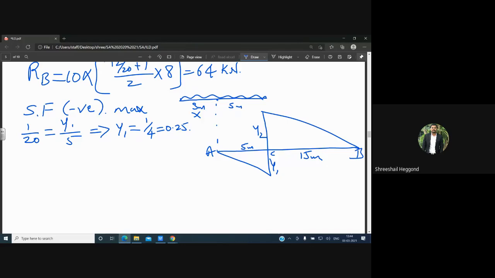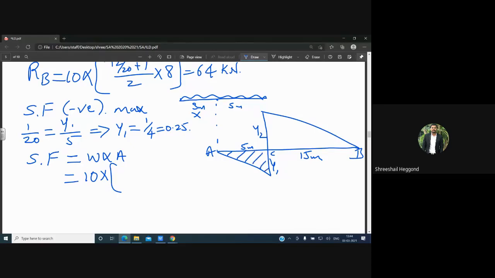Therefore, the maximum shear force for the negative side can be given as W into area. The applied load quantity is 10 kN, into the area of the triangle.